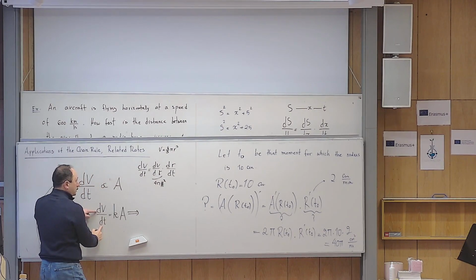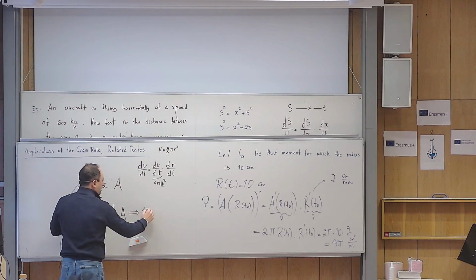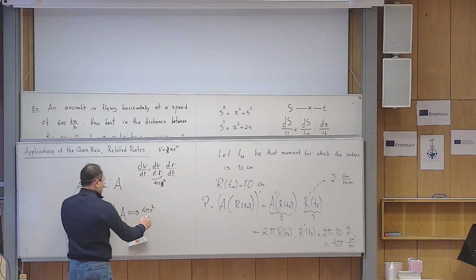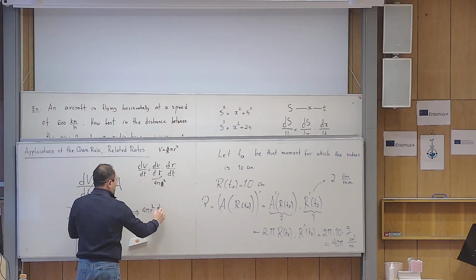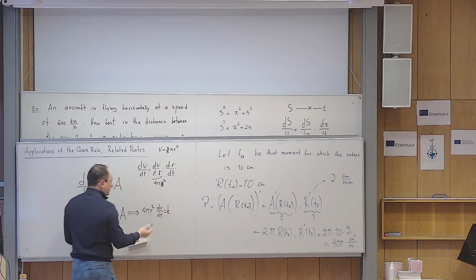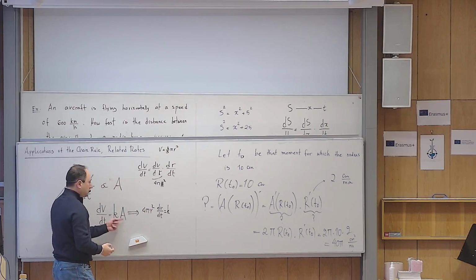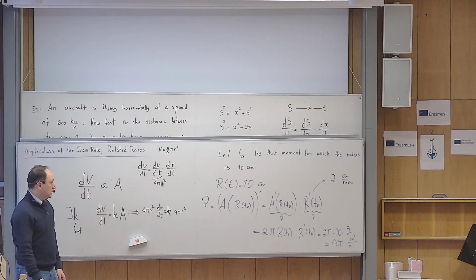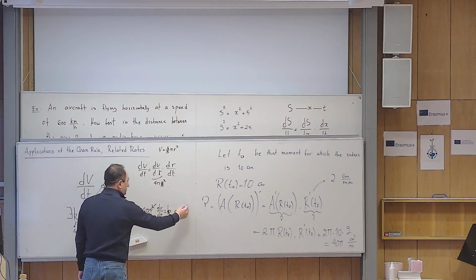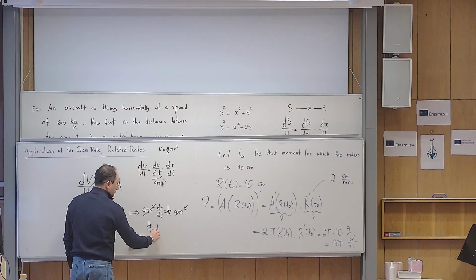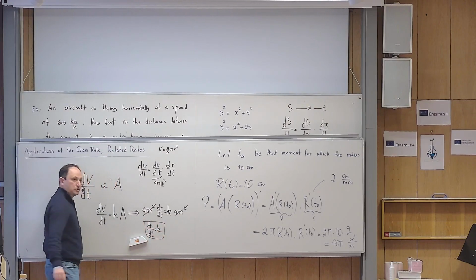So instead of this one, I put 4 pi r squared times dr/dt is equal to K. And if you look at the formula sheet, the area of the sphere is exactly 4 pi r squared. So 4 pi r squared and 4 pi r squared cancel, so dr/dt is K. That is the solution to the first part.